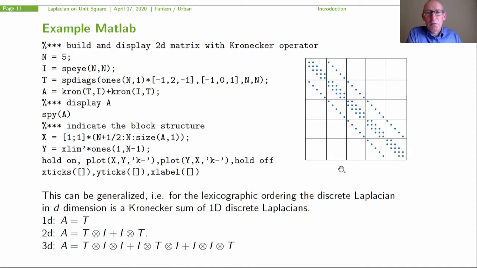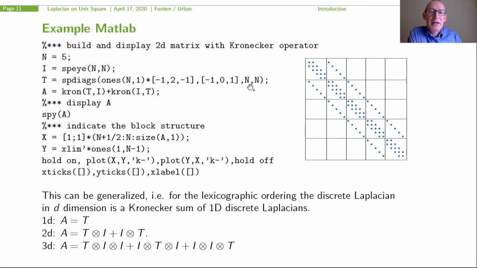Okay. If we want to show this in a MATLAB example, it's easily done. So let's fix a parameter n. This is the sparse identity matrix, n times n. We see how to build the sparse tridiagonal matrix. So we shift the diagonals by minus 1, or the super diagonal by plus 1.